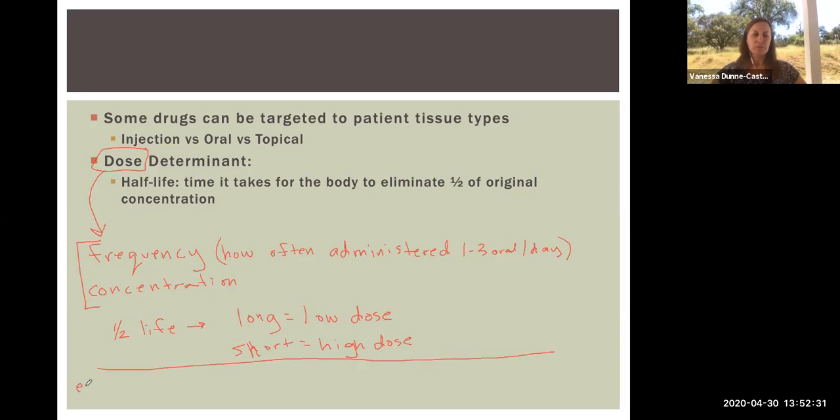Really want to ensure the minimum effective dose or minimum inhibitory concentration in order for it to be effective against that pathogenic infection for the duration of administration or duration of the infection.